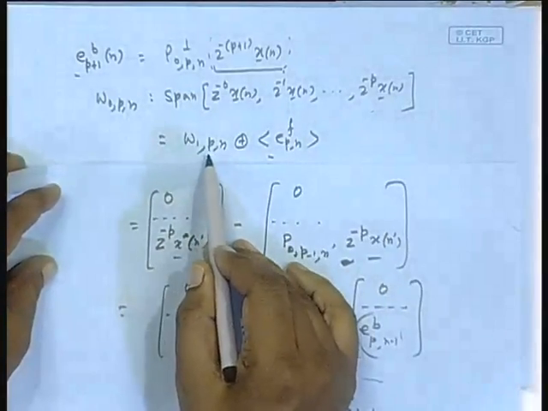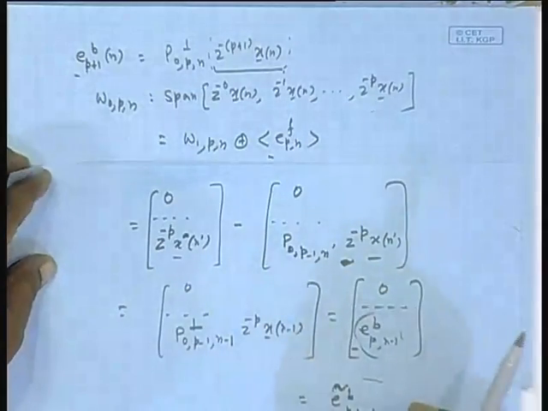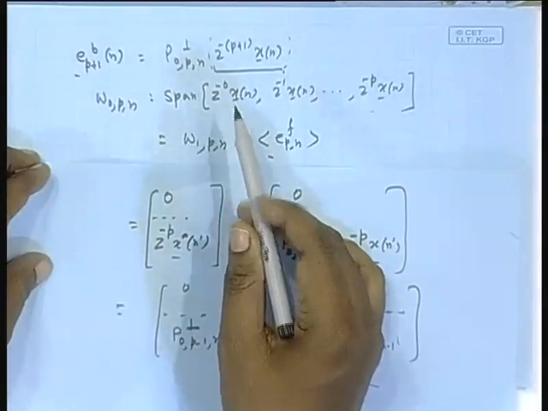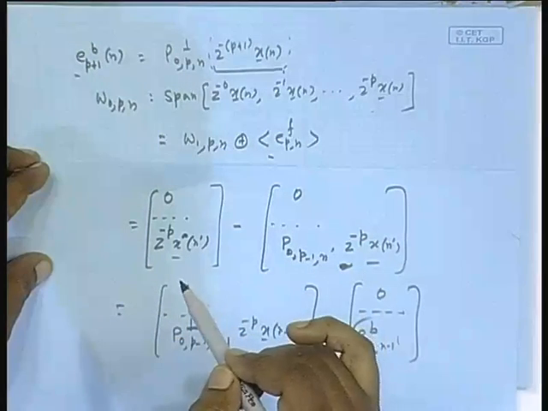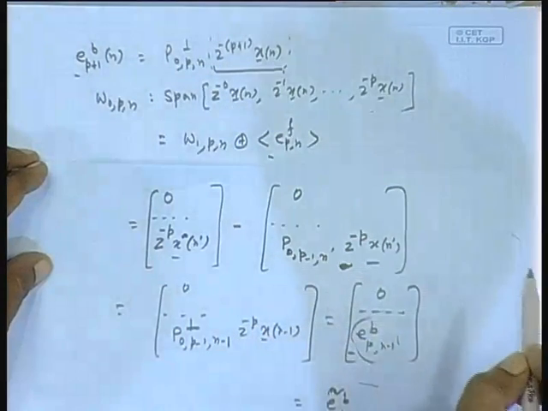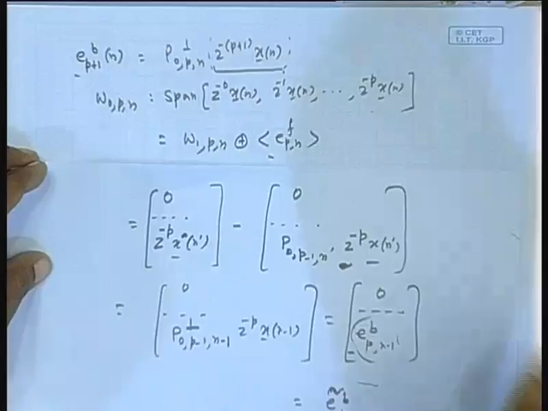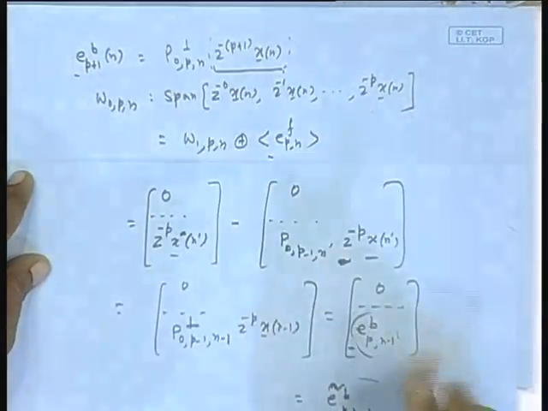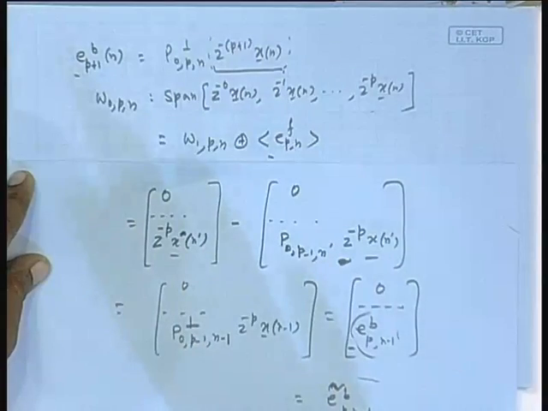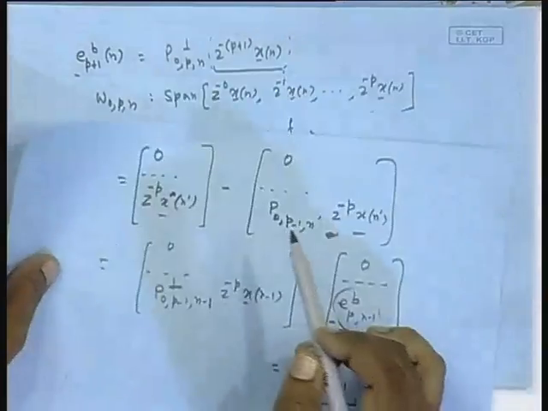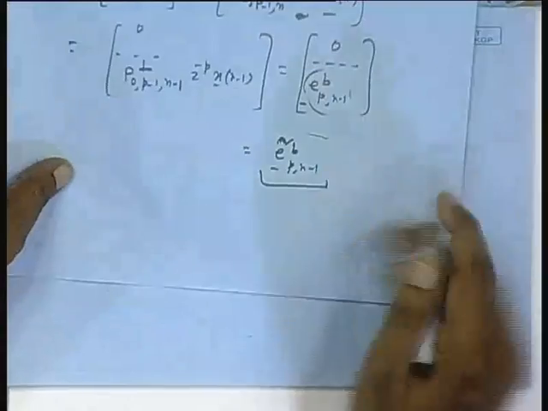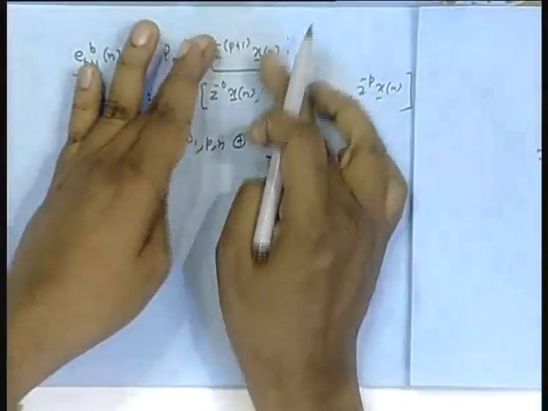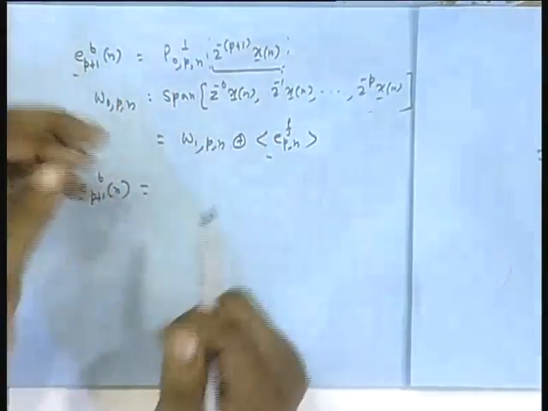And 1 to p was what? z inverse 1, xn was what? 0, x n minus 1, which is xn prime, dot dot dot. This we did here, this projection we did here. Okay. So, you will get this component when you project this query on this fellow and take the error.